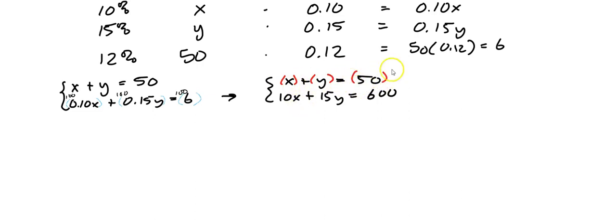multiply everything on this one by -10. When we do that, we will get -10x plus -10y equals -500, and then just recopy here.